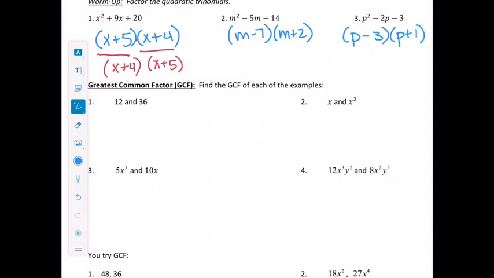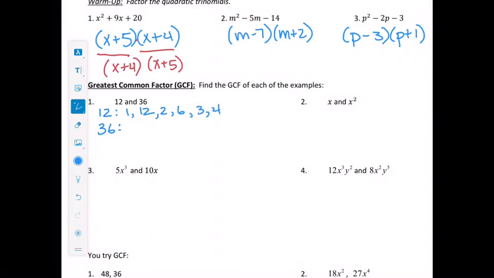What we could do is first list all the factors of 12 and all the factors of 36. All the factors of 12: 1 times 12 is equal to 12, so 1 and 12 are factors. 2 times 6 is equal to 12, so 2 is a factor and 6 is a factor.